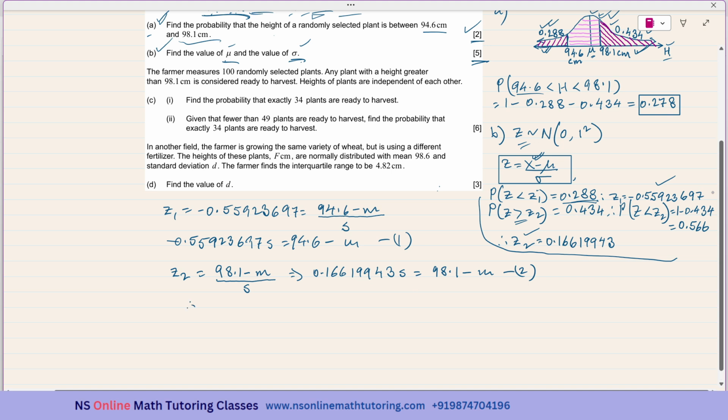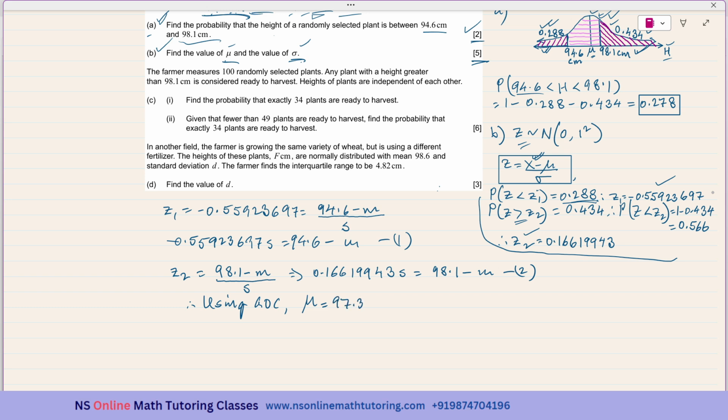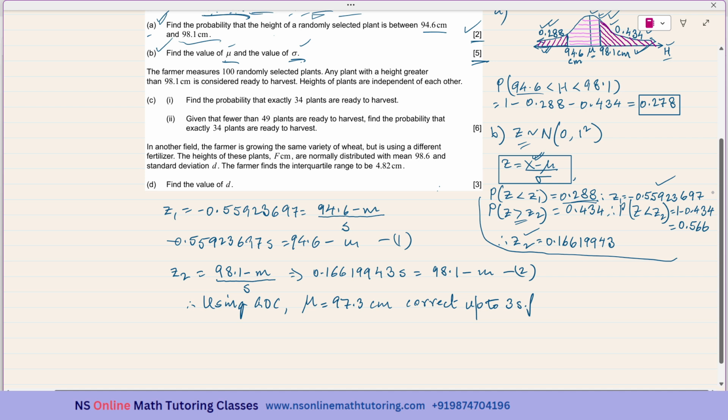So therefore, using GDC, mu is equal to 97.3 centimeters, correct? Up to 3 significant figures.